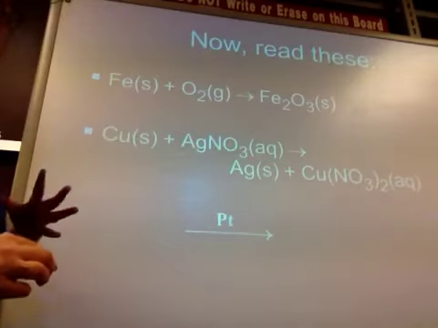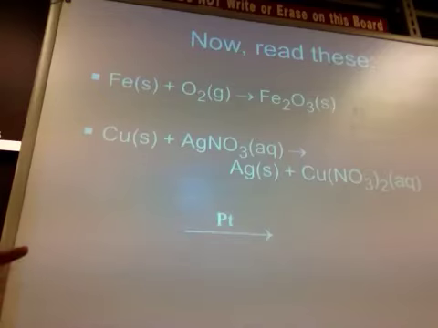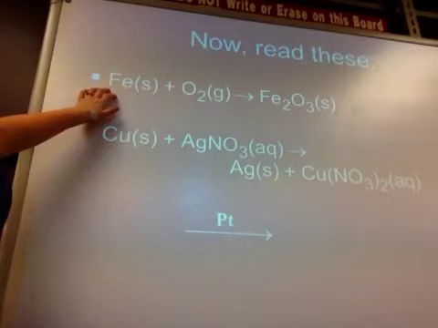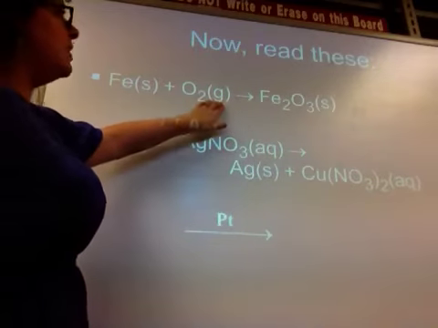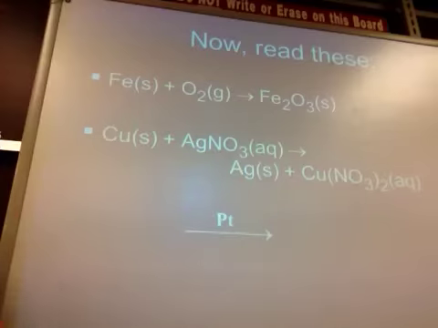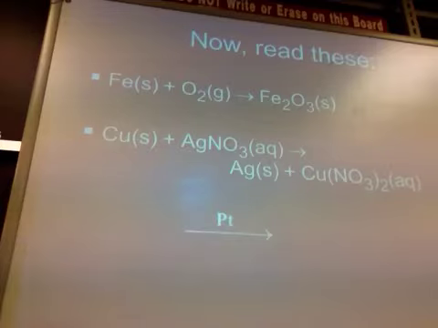Now remember, O2, oxygen, is diatomic, so I'm not going to call it dioxygen, it's just plain oxygen. So I have solid iron reacts with, what state of matter is this oxygen in? It's gaseous, or it's a gas. So solid iron reacts with gaseous oxygen.